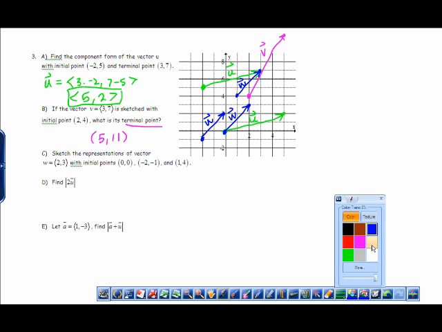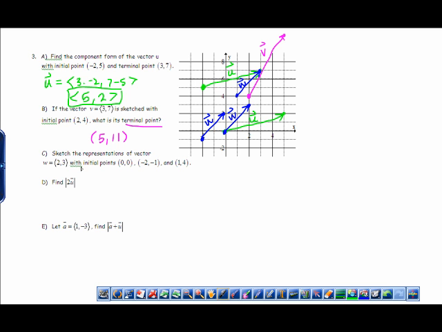Okay, let's look at D. D is going back to this vector U, and it's asking us to find the magnitude of twice U. Well, first we need to do twice U. Twice U will be twice the horizontal component and twice the vertical component. So now I have a new vector that's twice as long, 10, 4. Let's find the magnitude of this.